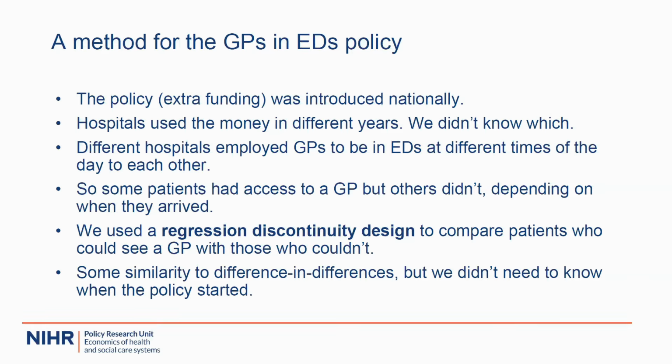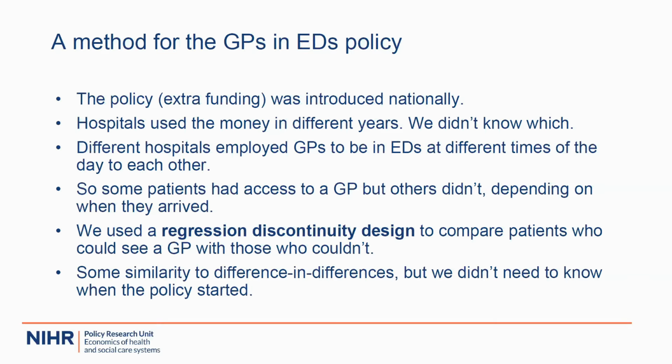And we could do that because not every hospital simply introduced a GP immediately and that GP was there the whole time. Some introduced GPs just in the evening or at other critical times.